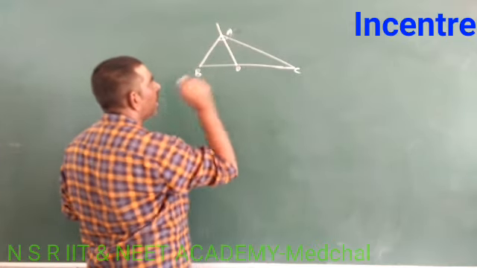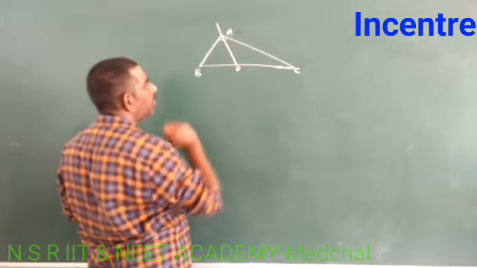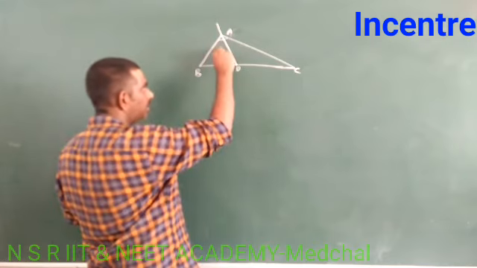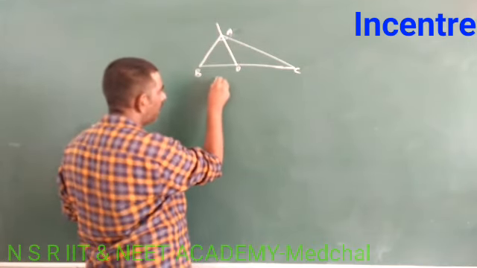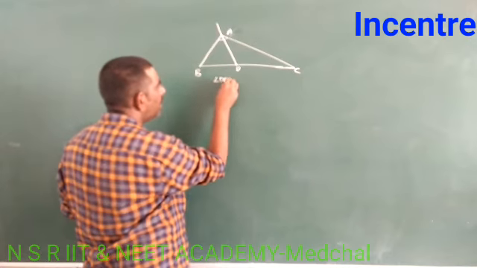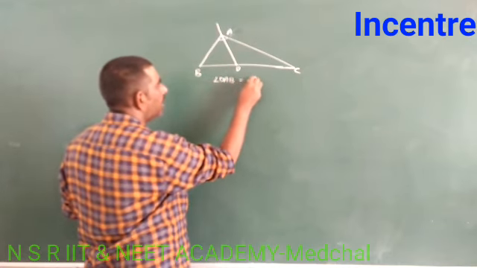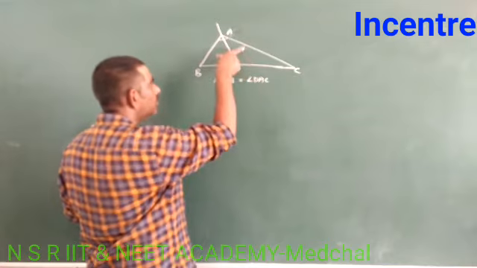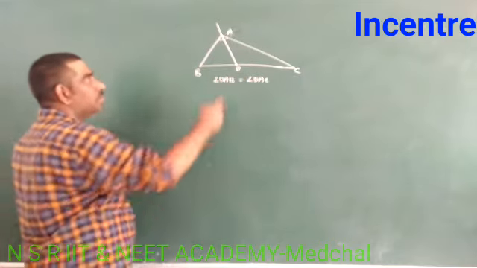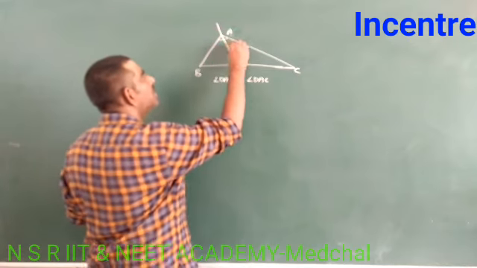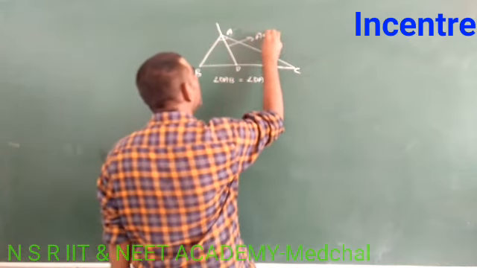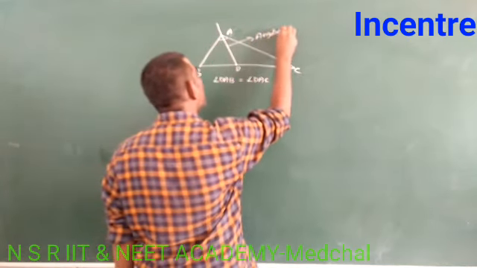So AD is an angular bisector. AD divides the angle into two equal parts, meaning angle DAB is equal to angle DAC.